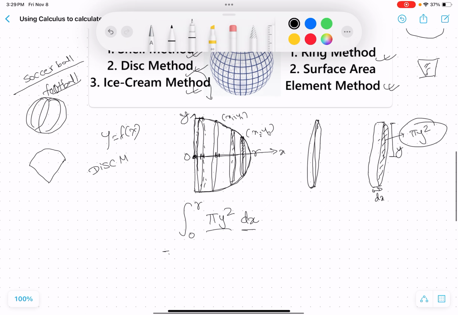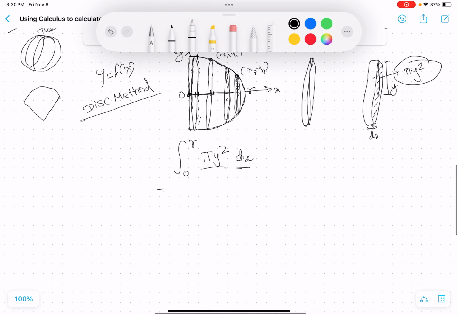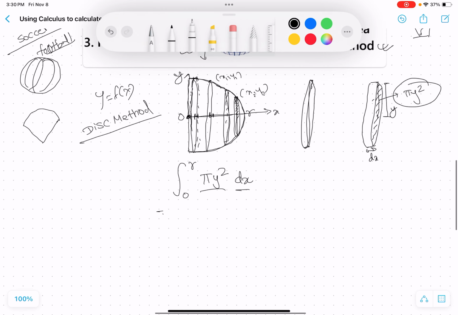Now we know this will basically be a circle, so it is given by y squared plus x squared equals r squared. So y squared is r squared minus x squared.